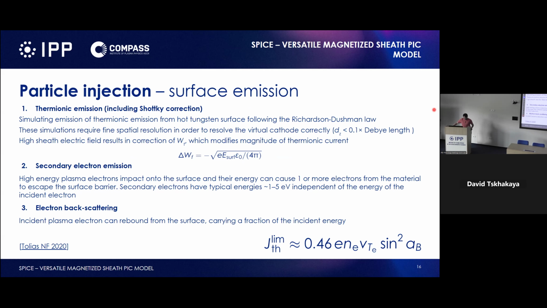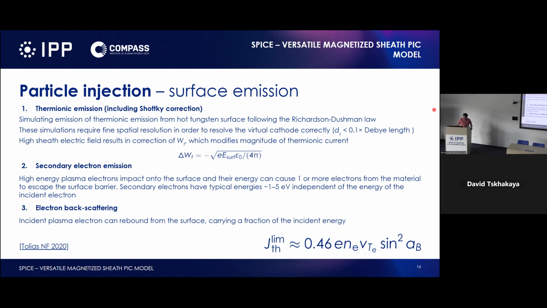The other option is to have a secondary electron emission. So basically, high energy electrons impact the surface, and this causes the emission of some other electrons from it. And similar to that is the electron backscattering, an elastic process that repels the electrons back to the plasma. And there are some constraints to that.